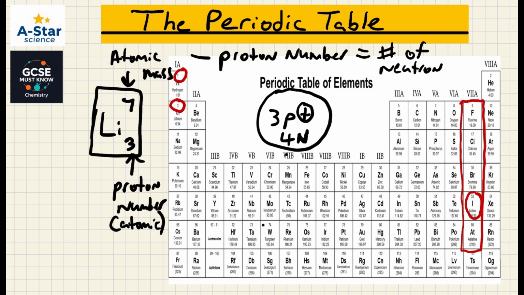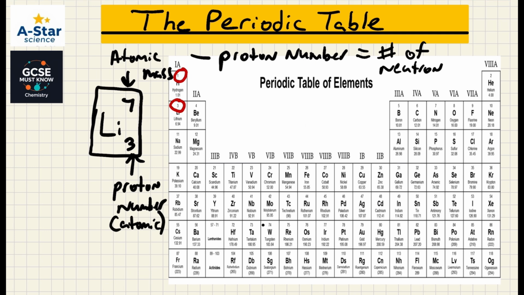So the modern periodic table, just to summarize, is organized by atomic number. Previously, the older periodic tables were organized by atomic weight. Now, we use the term relative atomic mass.